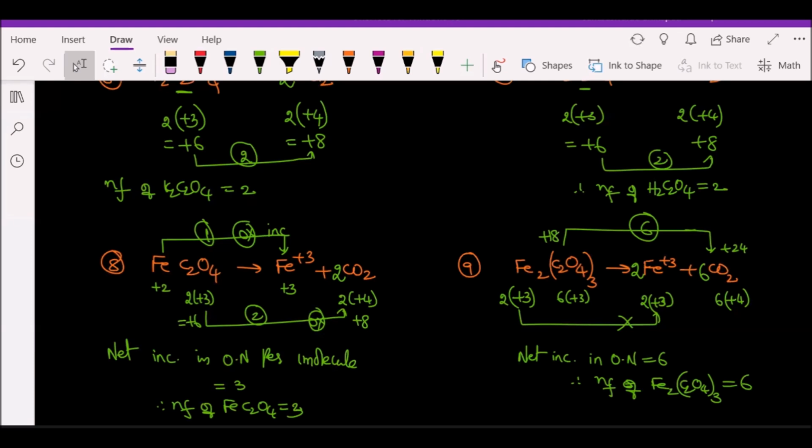Every time you have to check only one aspect, Mr. David. The thing is, consider one molecule of the reactant. For that, what is the overall increase or decrease in oxidation number? That will be the N factor. That's enough. Yes, sir. Okay, sir.